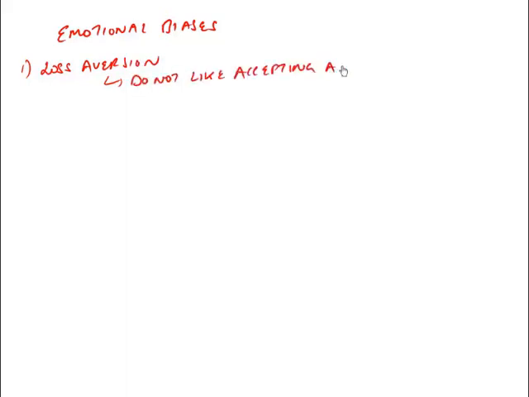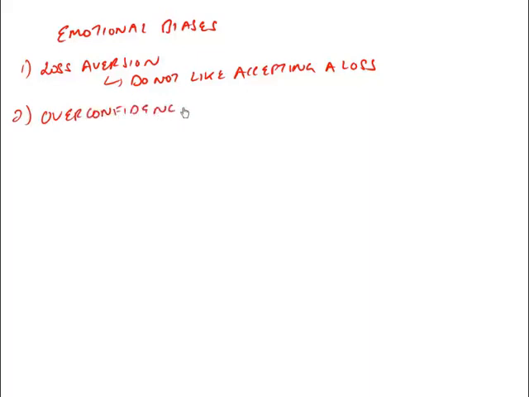So let's quickly revise the emotional biases that we studied. The first one was called loss aversion. That is, we do not as individuals like accepting a loss. Second was called overconfidence.